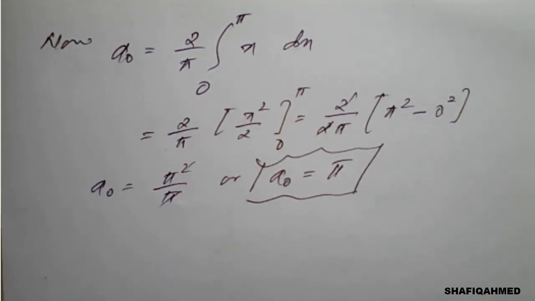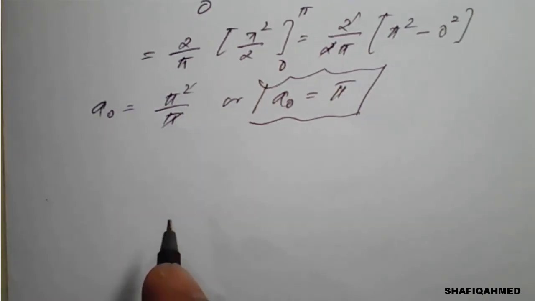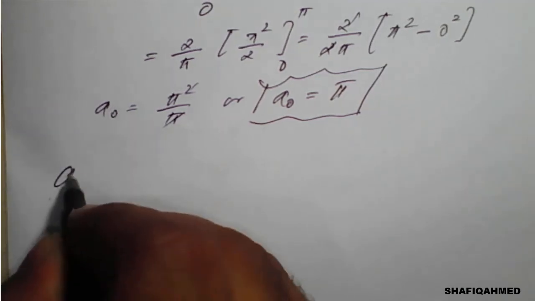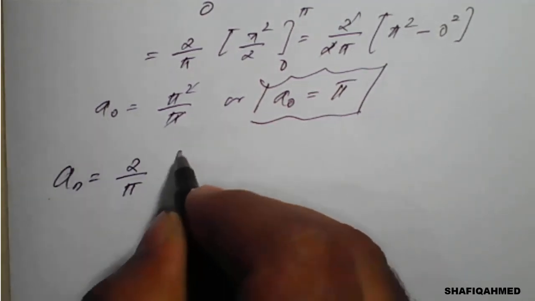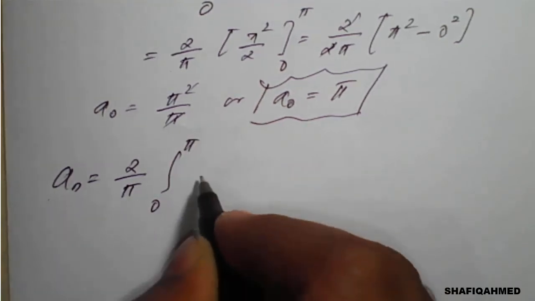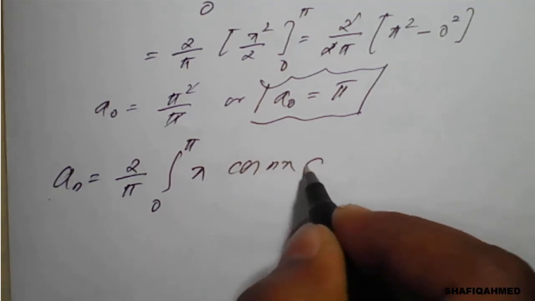With the help of this a naught, we'll go for the next Fourier constant, an, which is 2 upon pi integration 0 to pi, function f of x is x, and we have cos of nx dx.